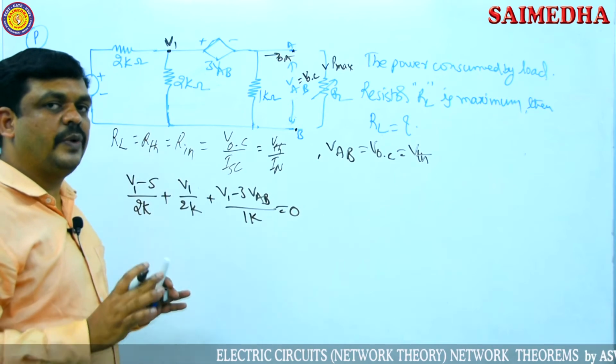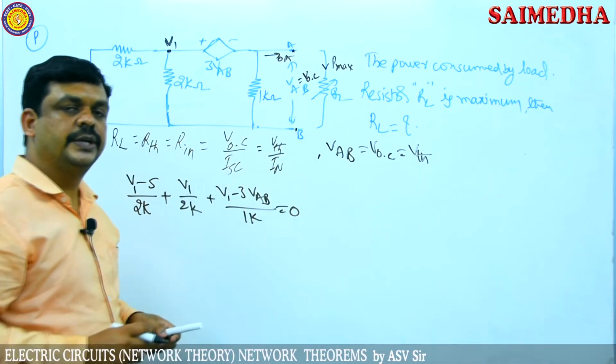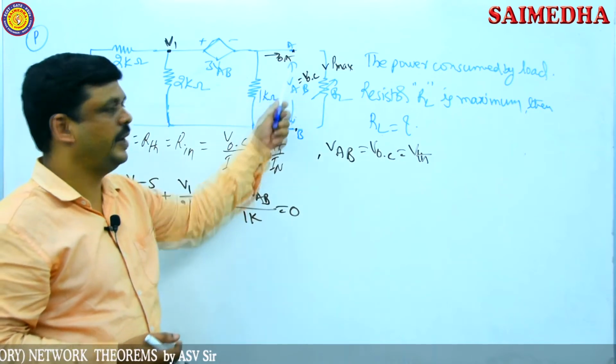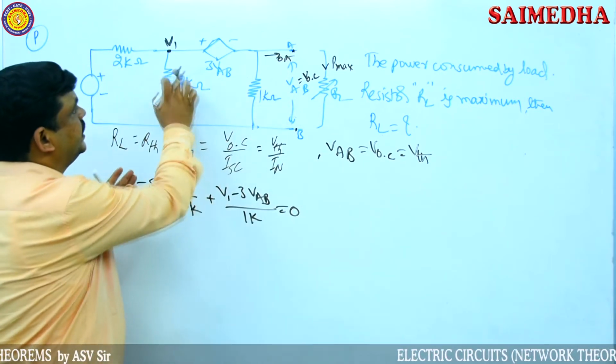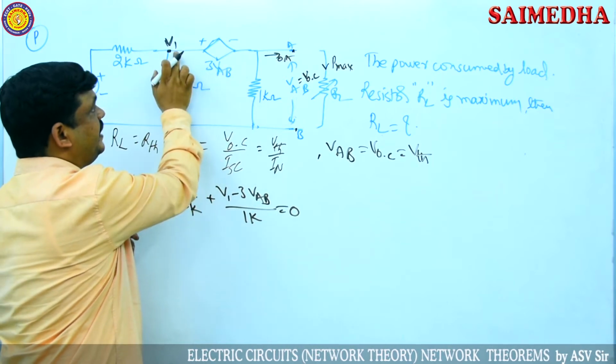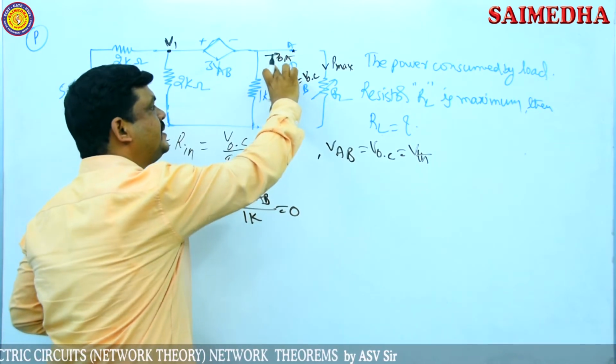Now the required voltage is VAB, the Thevenin's voltage, the voltage across the A and B terminals. So VAB we require here. The current through this is V1 minus 3 VAB by 1K. Then we want the voltage across this one.